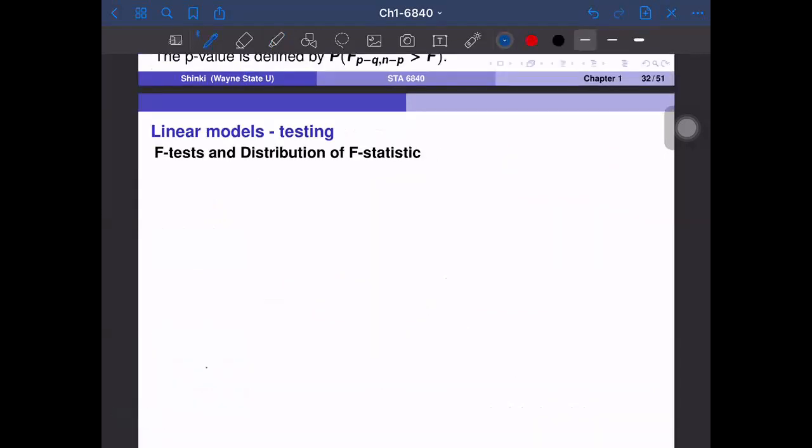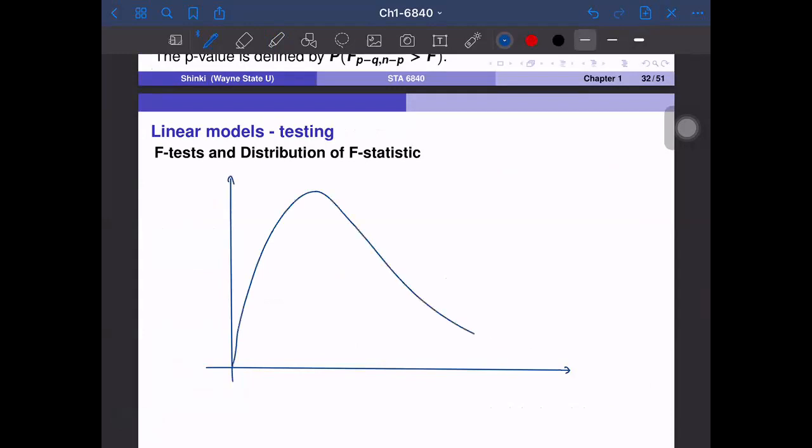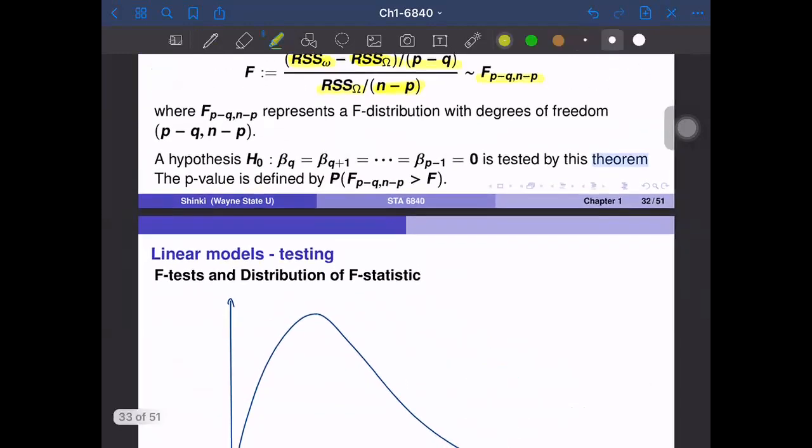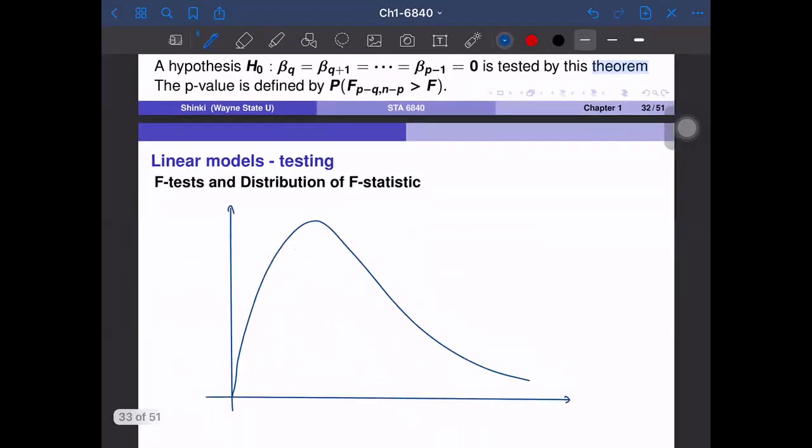The F distribution is typically this shape. If we have an x-axis and y-axis here, then the F distribution looks like this. So if the so-called F statistic here is large, we reject. For example, for a test with a 5% significance level, we think about the threshold here.